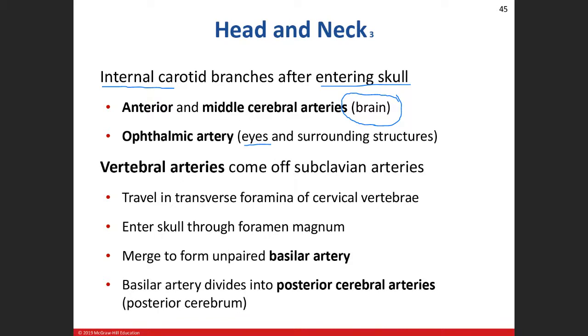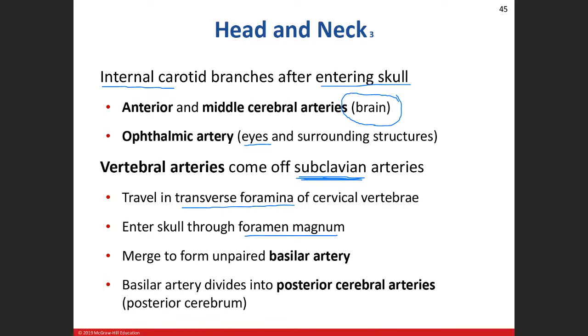The other artery that goes up into the skull is the vertebral artery. You need to know it is a branch of the subclavian artery. It does not come off of the carotids. Where does it travel in the spine? In the transverse foramina. It'll enter into the skull through the foramen magnum.